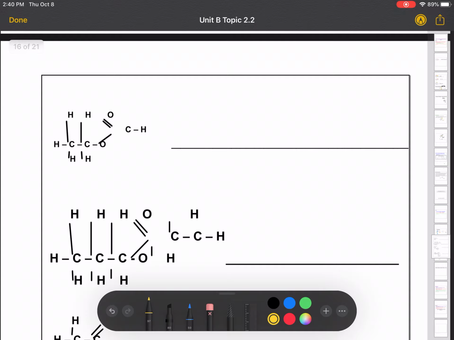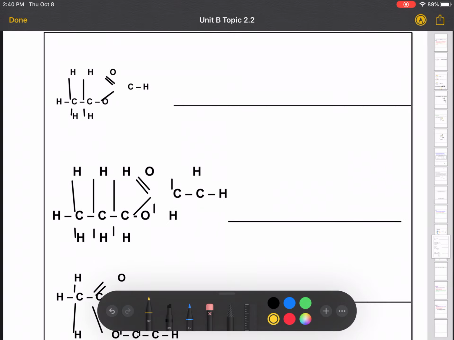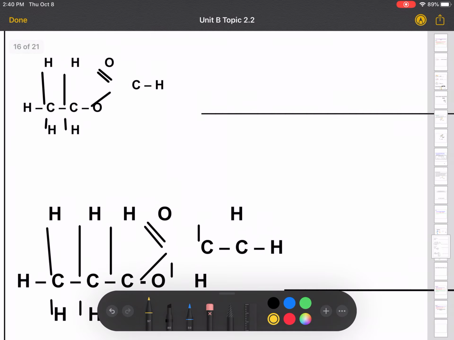These look extremely badly drawn. It's more just the fact that they get messed up when they are put into this program, I think. But I will highlight everything we need to know. So our first job here is to figure out which part is the alcohol and which part is the carboxylic acid.